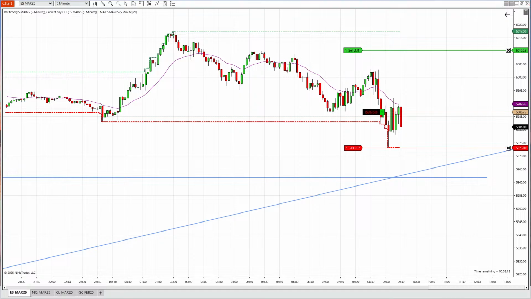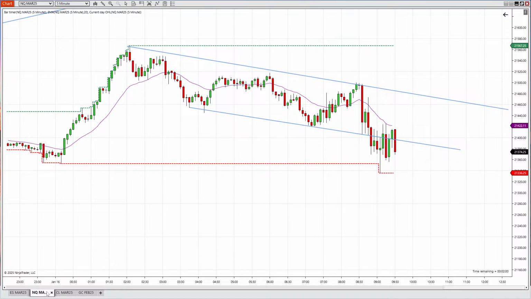Alright, we'll have to see if this gets bought back up again or not. We did face some resistance at the moving average. Only short one contract there.